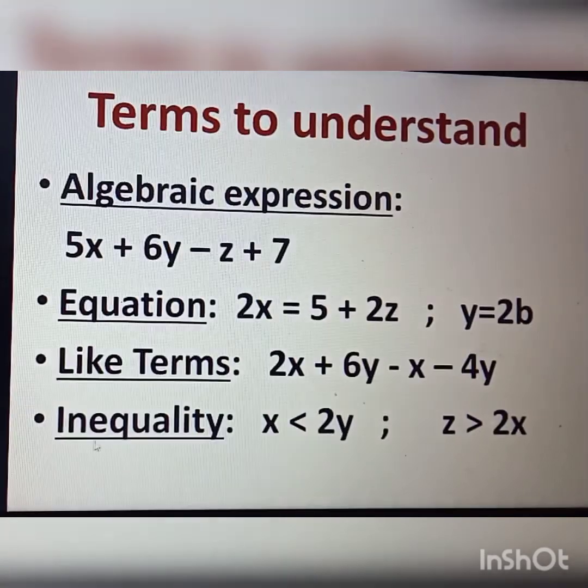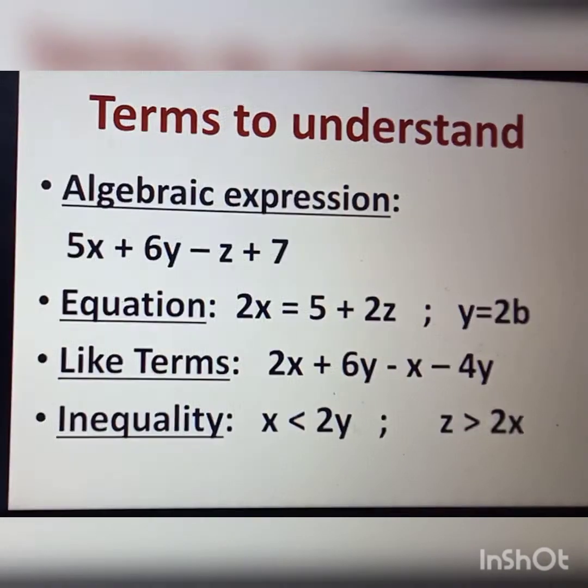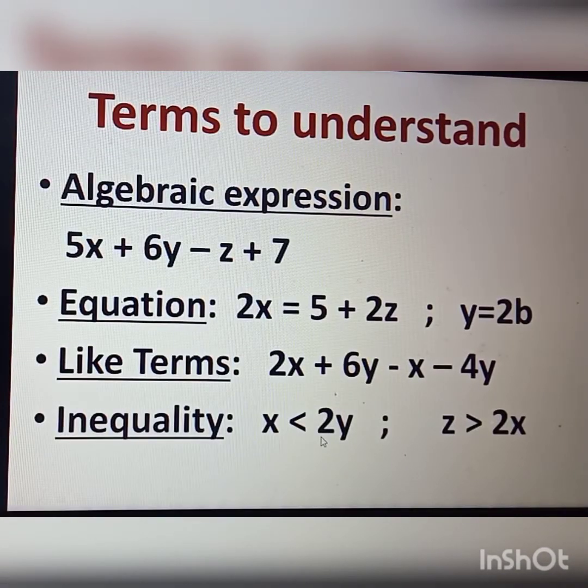And the last thing is inequality. Inequality is also an important thing in algebra. Here you can see x less than 2y, and the next one is z greater than 2x. These are two examples of inequalities, and let me tell you what they actually mean. Here this symbol is very important. Look at the position of the cursor.